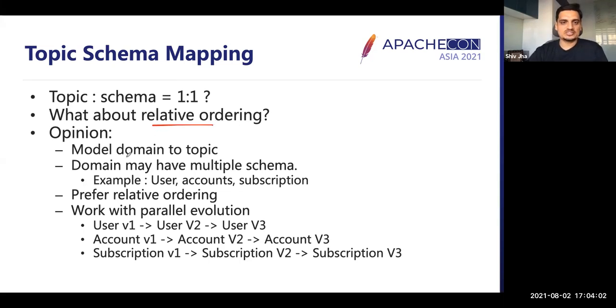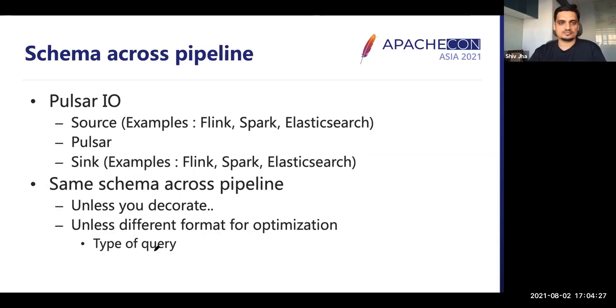So we keep a domain. In that domain, you may have multiple different types of objects like user, account, and the subscription of that account. On that topic, we want to evolve all the schemas in parallel. So when you submit user v3, it checks for compatibility only against user v2 and not against account v2. All the different objects have their own evolution paths.